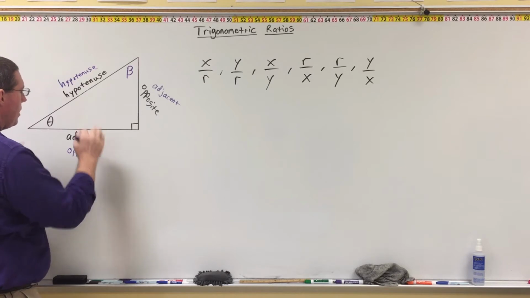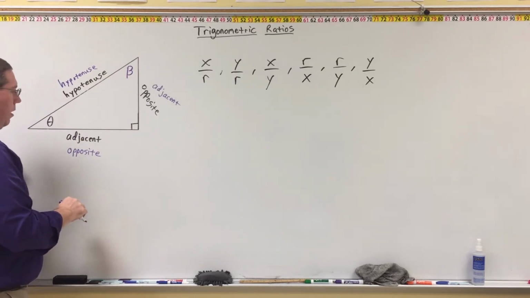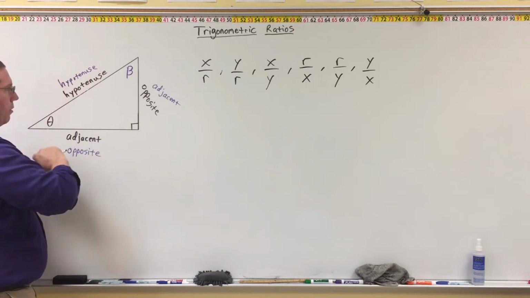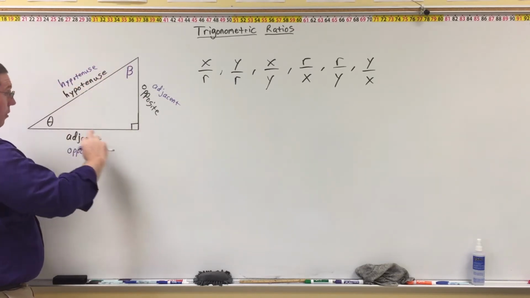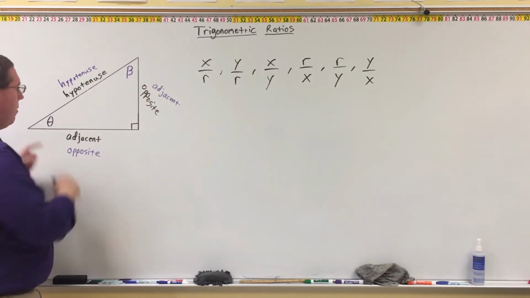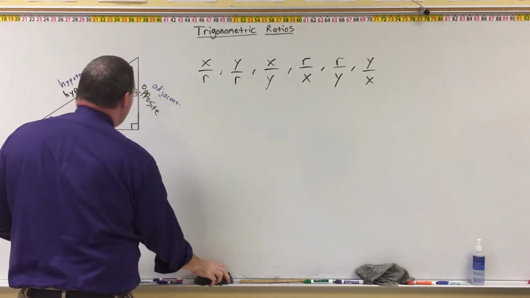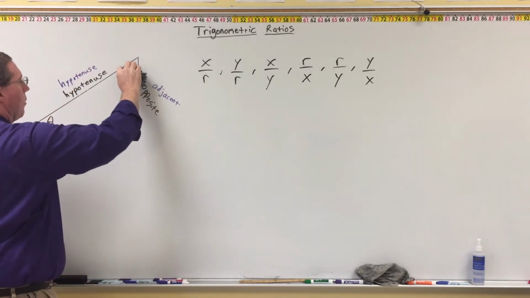So each of the two acute angles has an opposite, adjacent, and hypotenuse, but when you go from one angle to the other, the adjacent and opposite sort of switch positions, okay? So I'm going to get rid of angle beta temporarily.